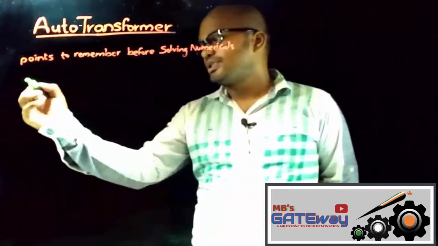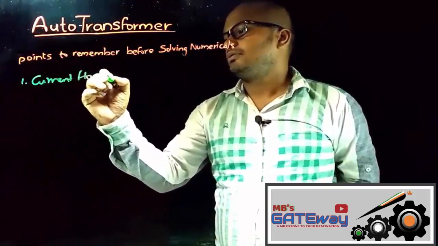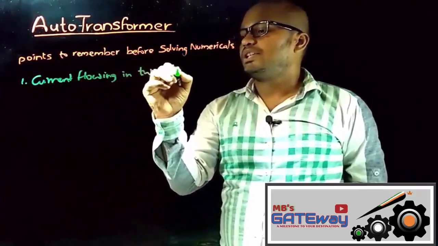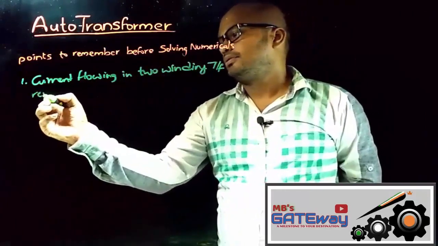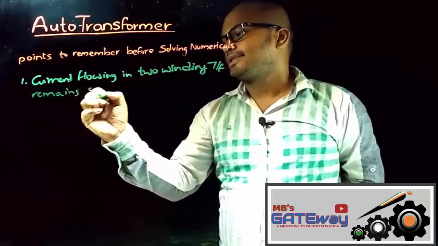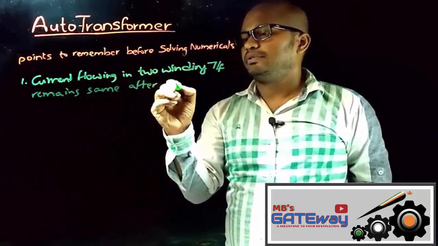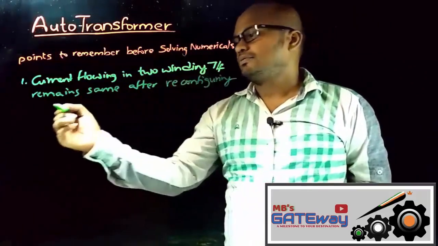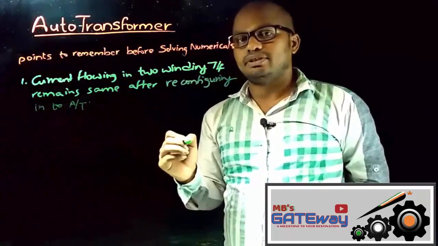The first point is current flowing in two winding transformer remains same after reconfiguring into autotransformer.